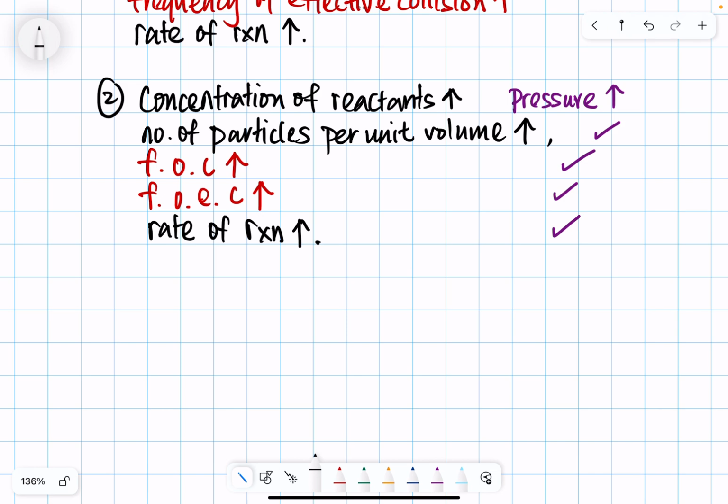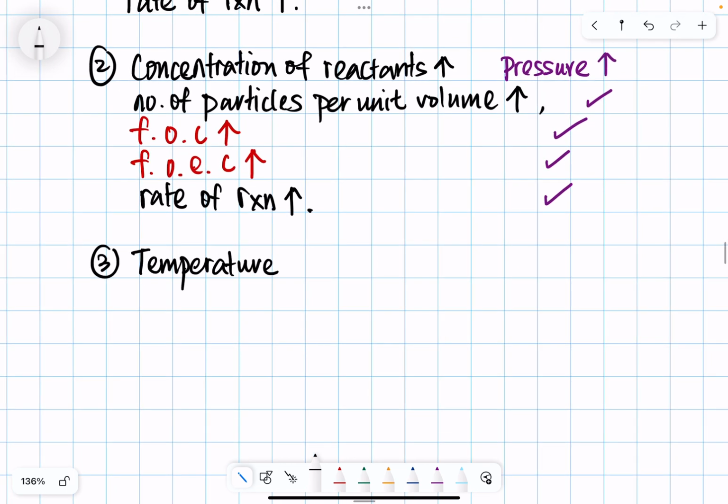Now the third one, which is temperature. As you have seen in the previous video, I had mentioned that the temperature represents the average kinetic energy of the particles. So when the temperature increases, what is going to happen? The average kinetic energy of the particles is going to increase.